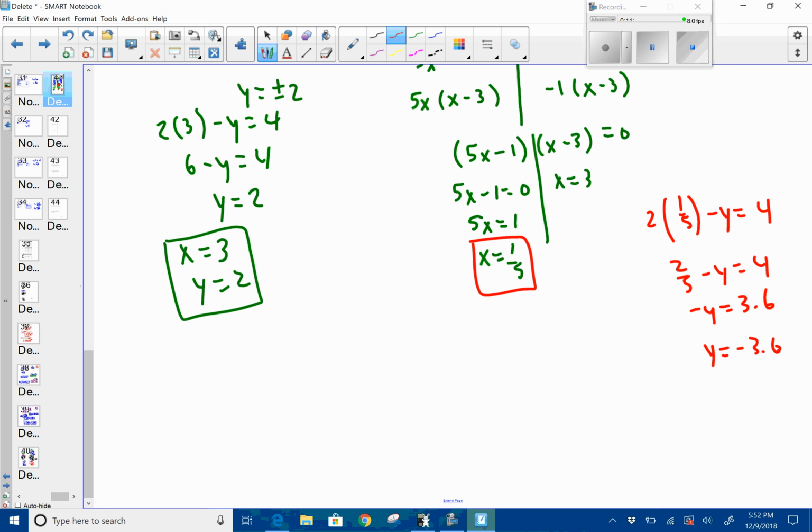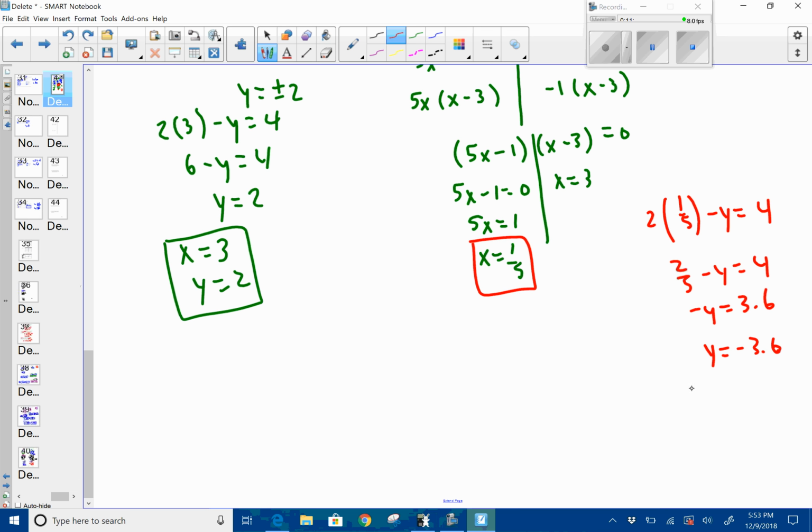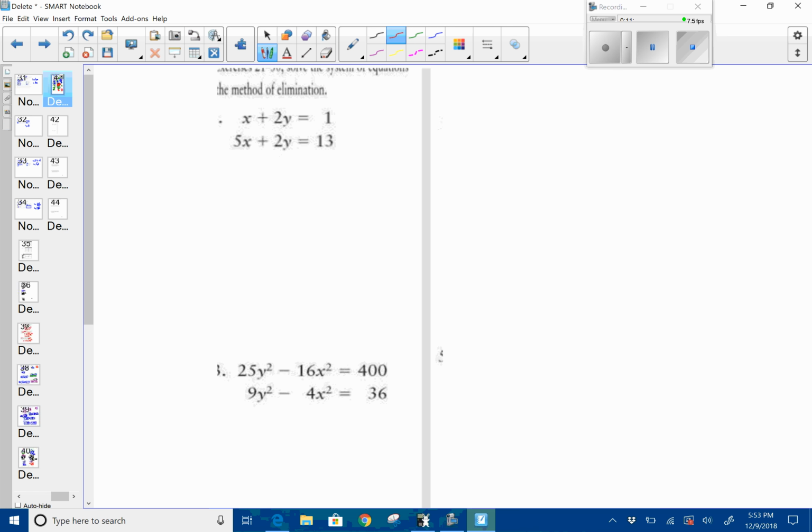I want to keep my answers in fractions because that's a fraction as well. So I'm going to go math, fraction, enter, and I get 18 over 5. So y is equal to 18 over 5. If x equals 1/5, y equals 18 over 5. That's my two answers. That took a very long time.